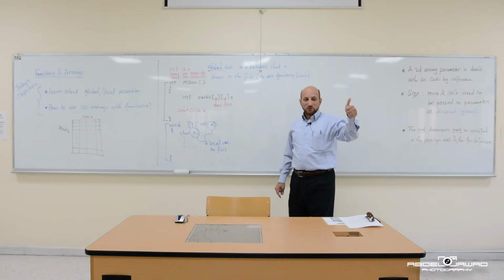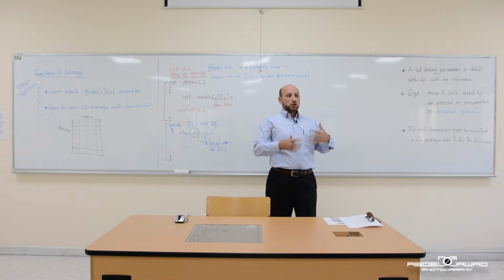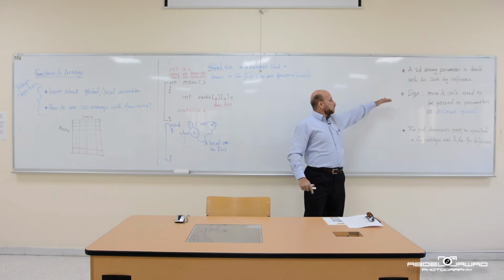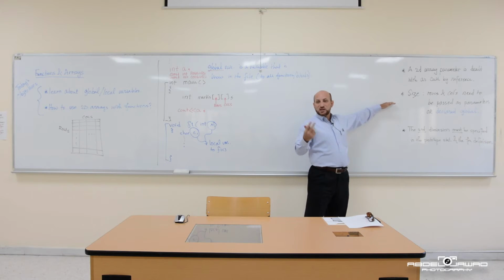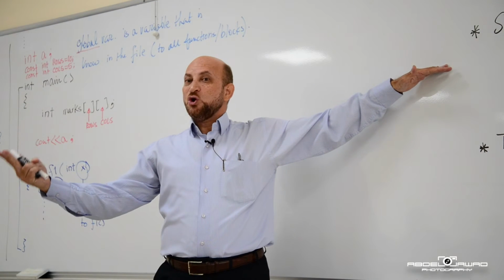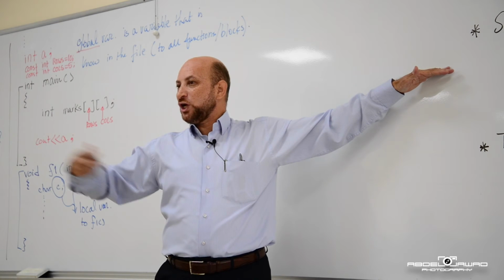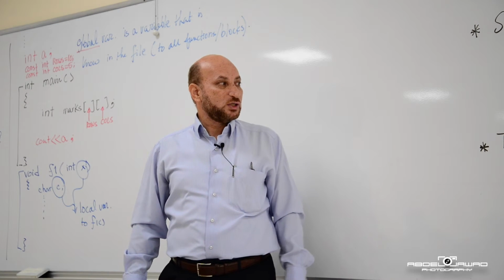So first, it's a call by reference, meaning that if it changes inside the function, then the changes will be reflected in the caller block, which is main. Second, the size could be passed as 2 separate parameters, or we could make them global, and in this case, we don't have to exchange these parameters between the function and main.